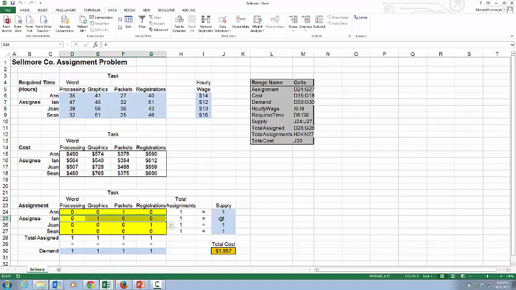In doing so, that satisfies the fact that Ian must be assigned exactly one job. Also, if you look at each column, there's only one selected in each column. That says each job must be assigned to only one person. So again, it's two ways of thinking about it. Each person can have only one job, and each job can be assigned to only one person. That's what the combination of these decision variables and their associated vectors of 1 on supply and demand does.